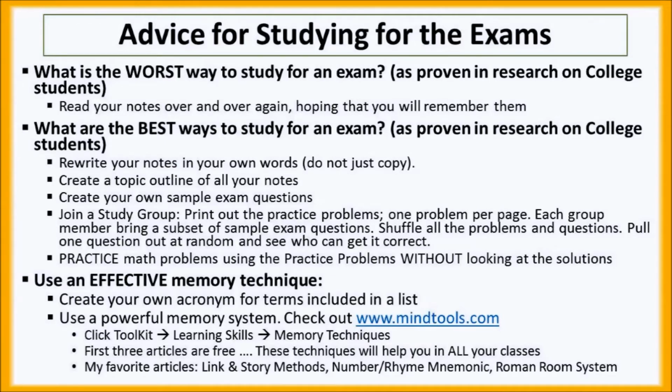By pulling out the questions at random, you will mimic the way the exam will appear to you, because the exam will be giving you questions in a random order as well. So you'll be able to mimic what it would be like on the exam, with exam questions that are likely to be actually on the exam.